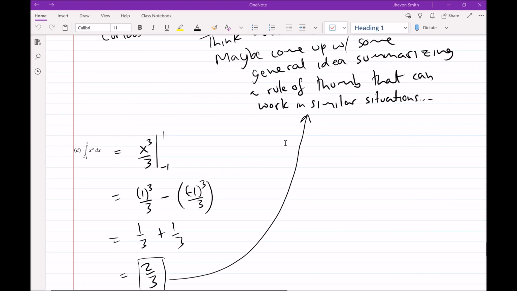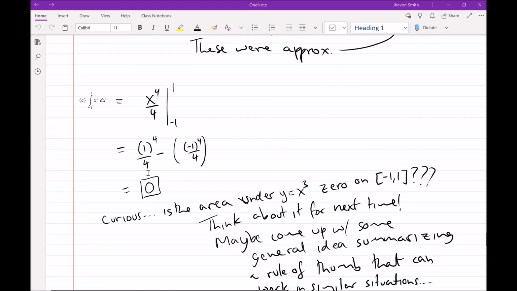Yeah, this one. Did anyone come up with a reason why that is 0? Were there any ideas why this would be 0? Any guesses at all? Why does that make sense?